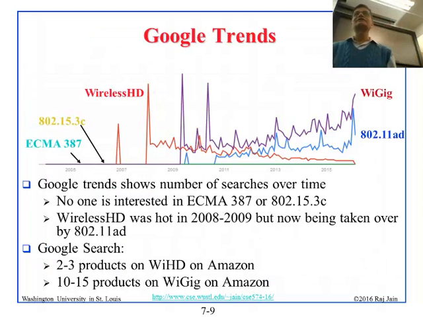And here's Google Trends. So another thing I do is figure out where the world is going. Is Google Trends, and this was done actually last week. So you can see ECMA, which was one of the first standards, is going nowhere. It is not even leaving this. This is in this color, by the way. You can't even see that color in the line.